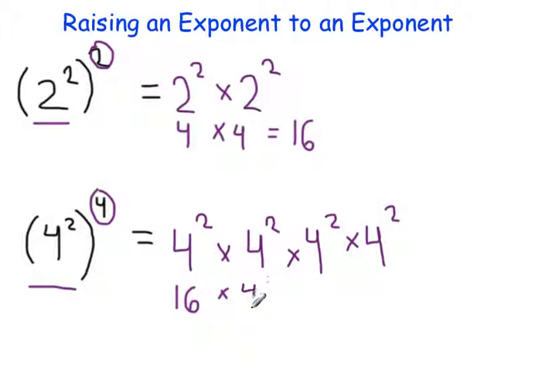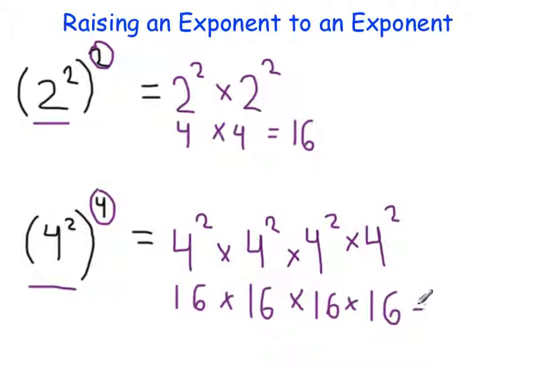We are replacing 4 squared with 16. And as we can see, this is a tedious problem, which is why having a simple rule for raising an exponent to an exponent comes in handy. And 16 times 16 times 16 times 16 is 65,536.